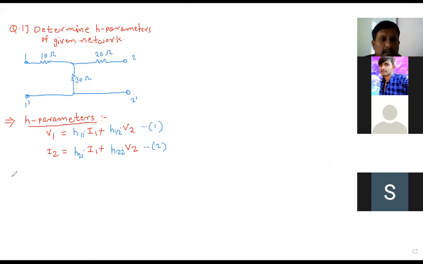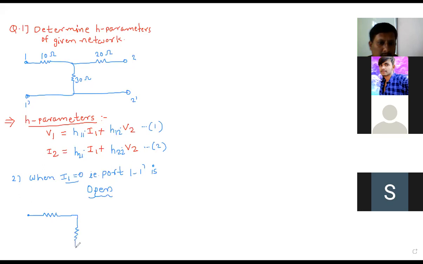Okay. Now second condition, when I1 equal to 0, means port 1 dash is open. So keep as it is. This is 10 ohm, this is 20 ohm, this is 30 ohm.